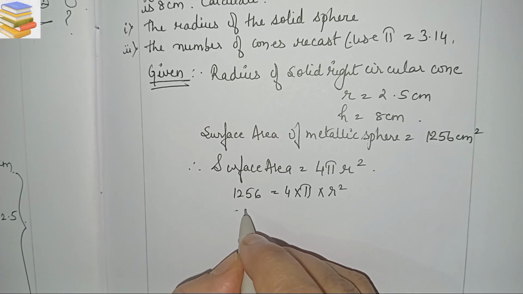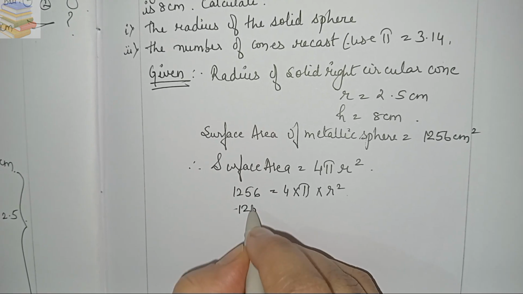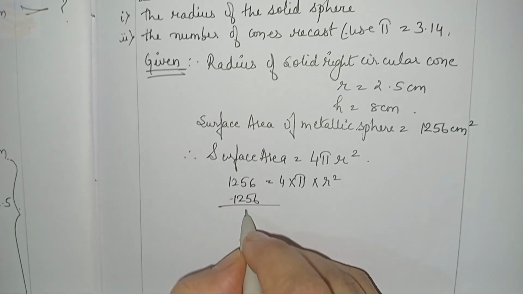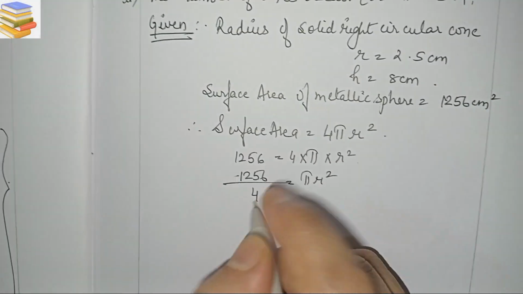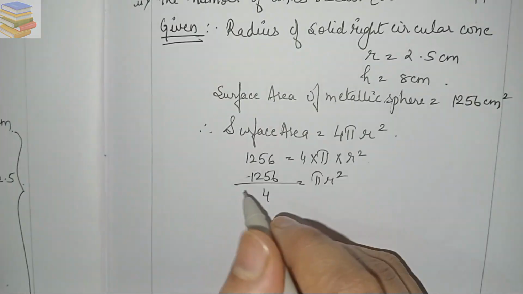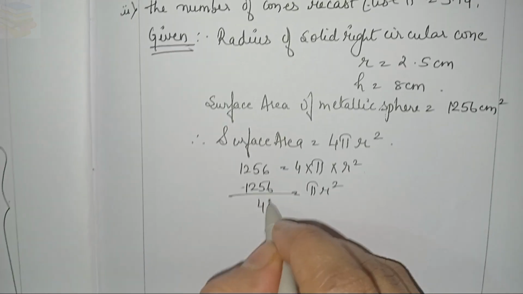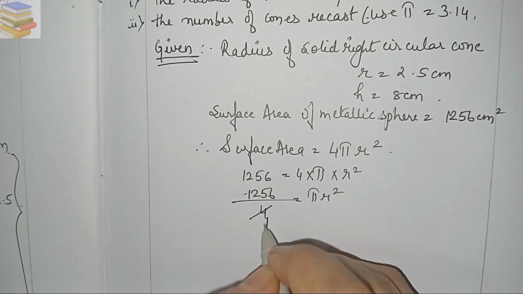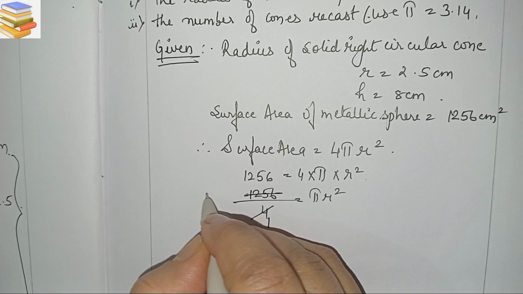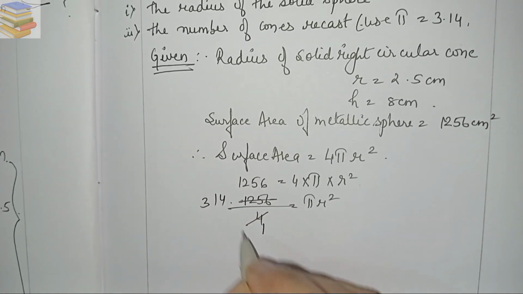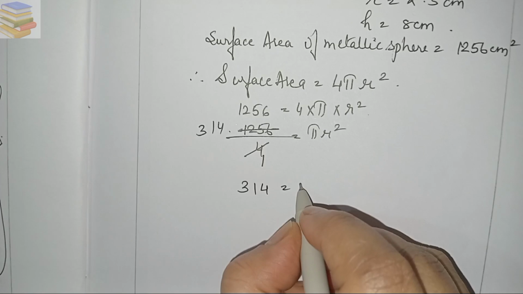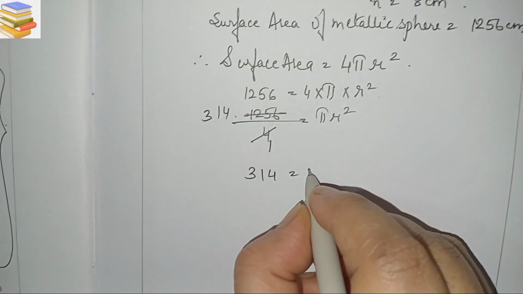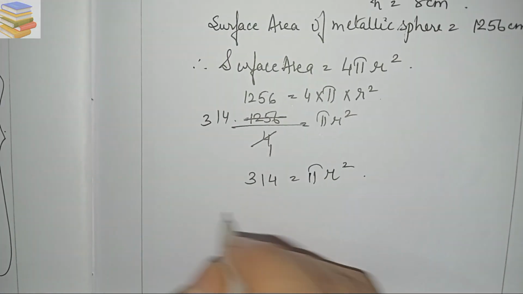You get simply 1256 over 4, which gives you 314, is equal to pi r square.